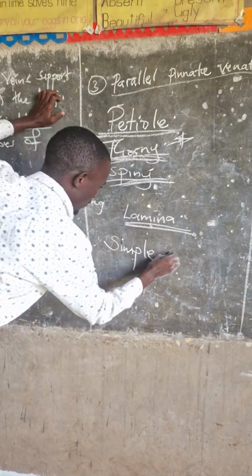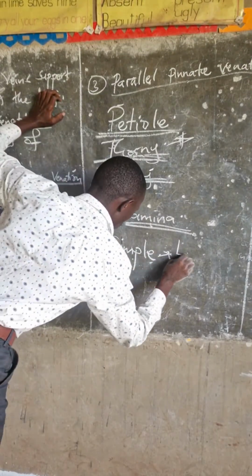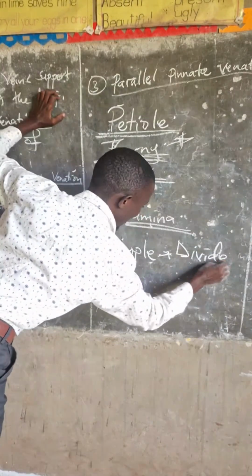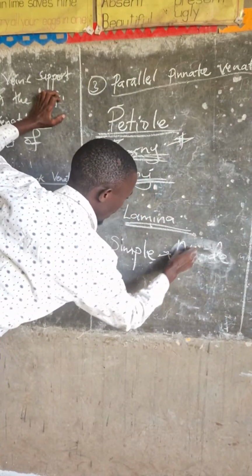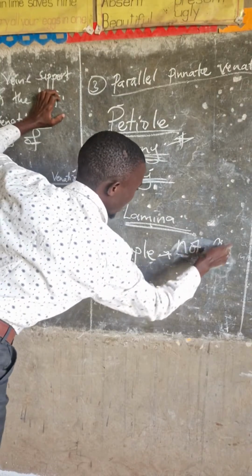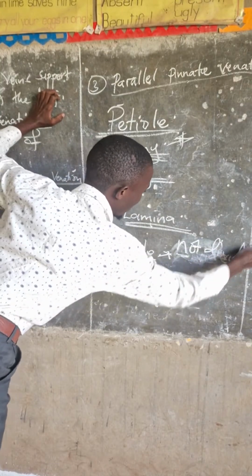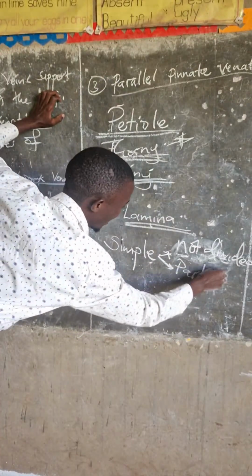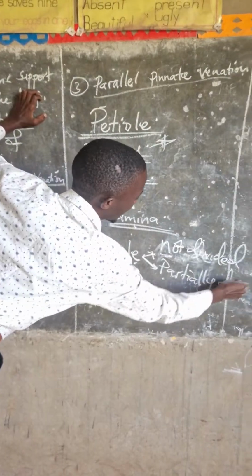For a simple leaf, the lamina may not be divided, or it may be partially divided.